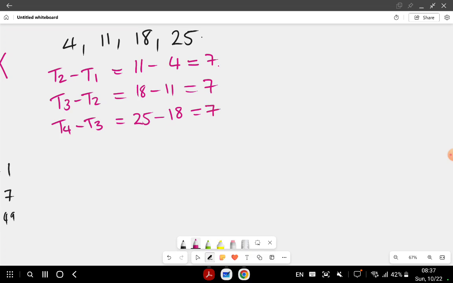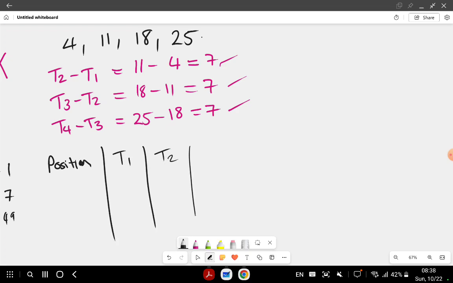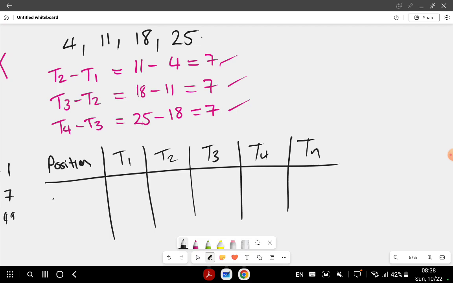Now that I can see, yes, it is arithmetic, I'm going to draw my table, and I'm going to say position. And the positions that I have is term 1, term 2, term 3, term 4, term n. Then I'm going to say difference times position. And again, my positions are 1, 2, 3, 4, n.